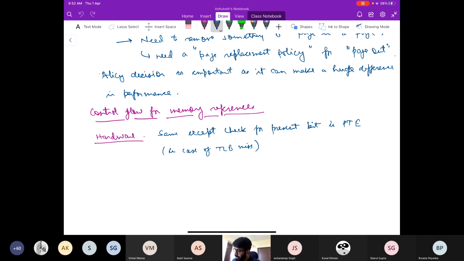So same, except check for the present bit in the page table entry in case of a TLB miss, and then raise an exception: raise a page fault exception if the present bit is 0.